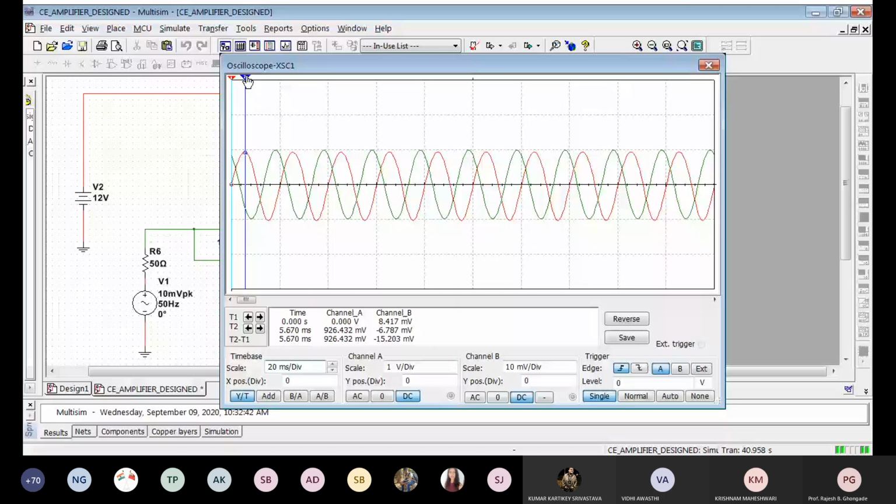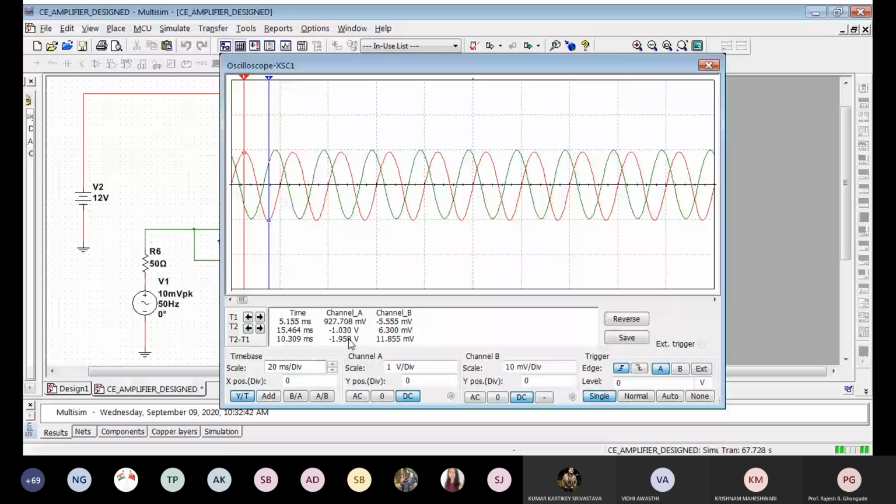Let us select the output. This is already selected. Now what is the output, peak to peak? You can see here it is nearly 2 volts.